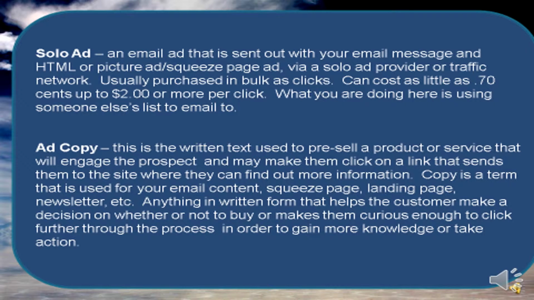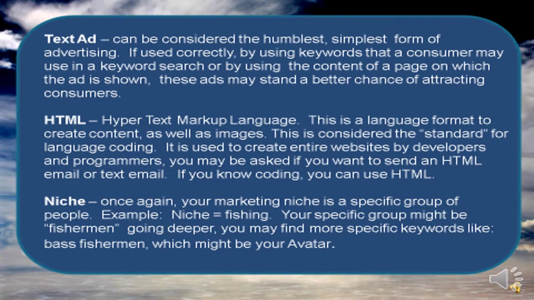So if you're creating some type of urgency in your email as well, then that will spark some interest or more curiosity as to whether or not they should purchase right then and there, okay? So that's what ad copy is. And remember, solo ad providers, do your research on those, okay?